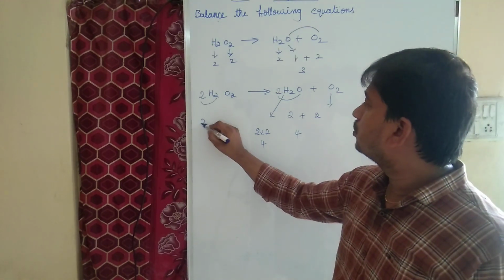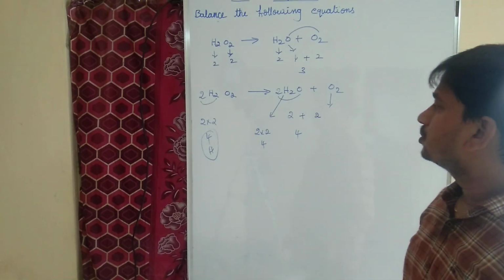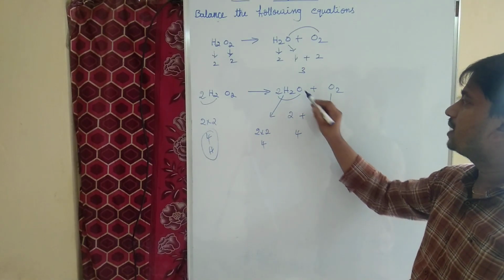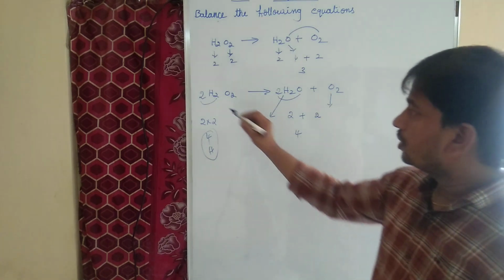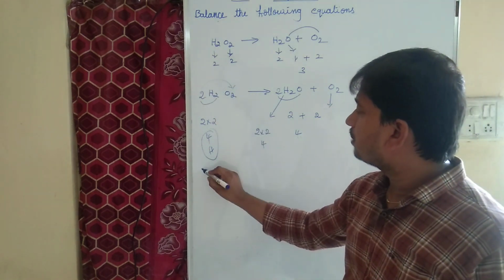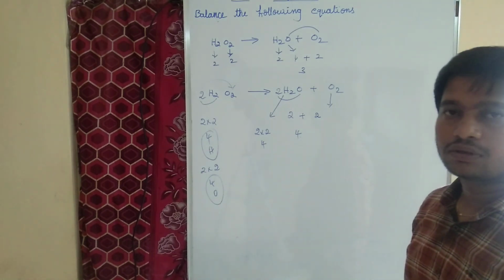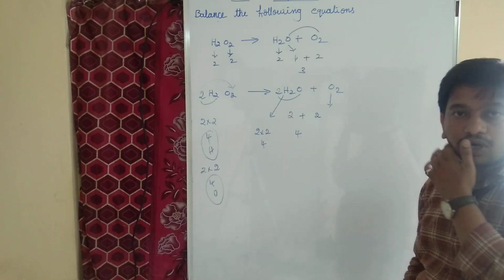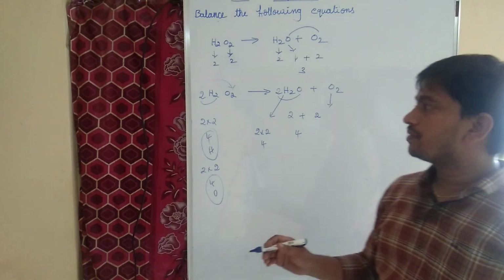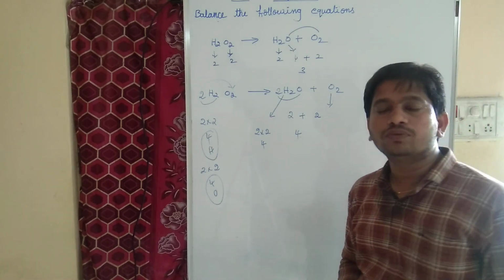So 2 into 2 is equal to 4 hydrogen atoms. Now oxygen atoms, 2 into 2, 4 oxygen atoms. Hydrogen atoms also got balanced as well as oxygen atoms. So the equation is 2H2O2 gives rise to 2H2O plus O2.